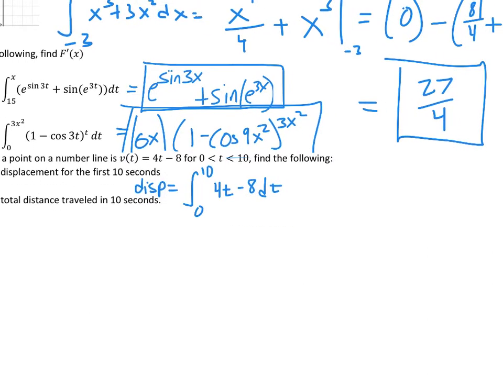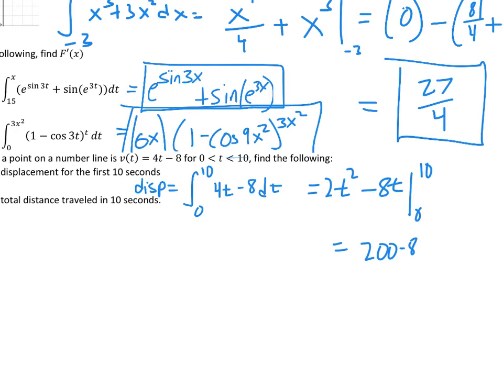And that's going to be t squared, divide that by 2, we get 2t squared minus 8t. Going to evaluate that from 0 to 10. And if need be, we can use our calculator here, but I think we can get it. Plug in 10, we get 200 minus 80.